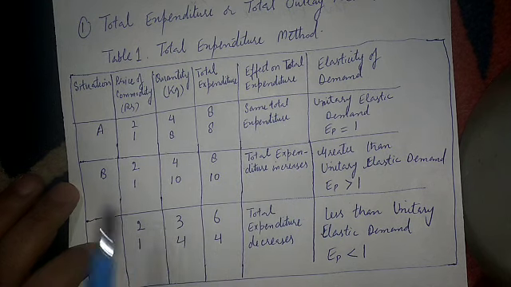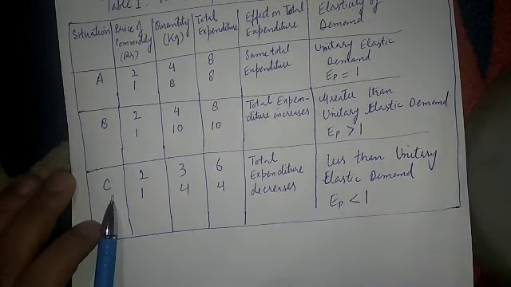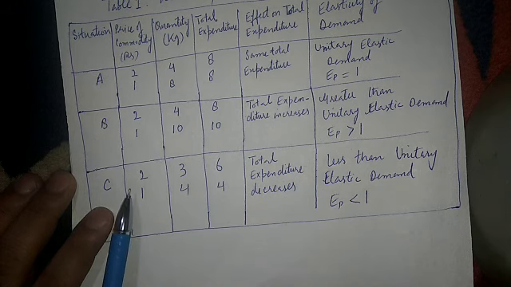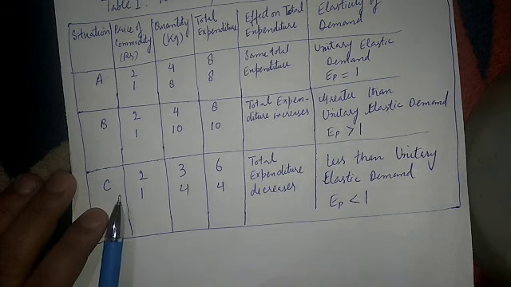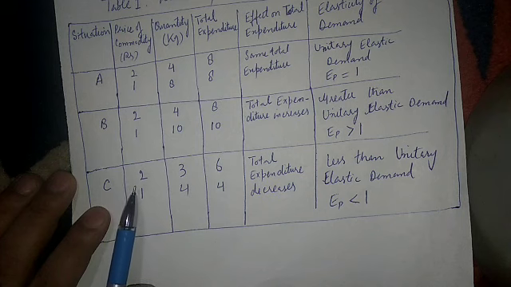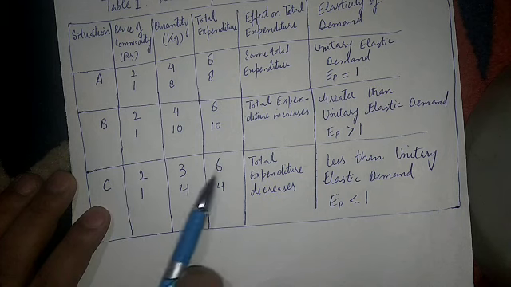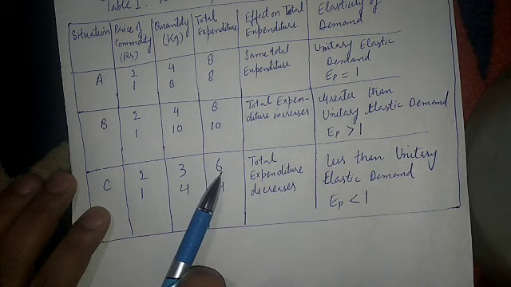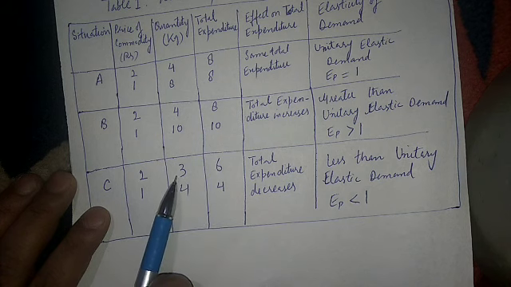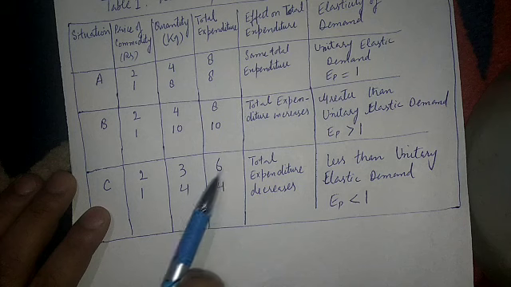Now the third situation, you see in situation C. The table shows that when the price of the commodity is rupees 2, the total expenditure is rupees 6 because he demanded 3 kgs of the commodity.